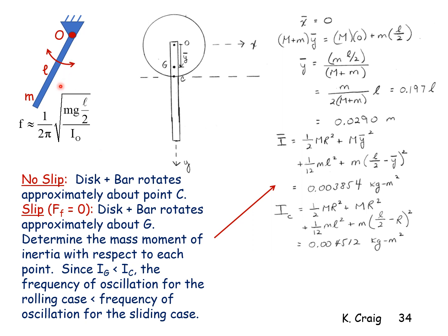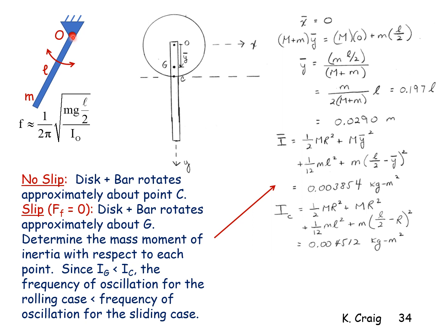If I asked you to do the analysis of a simple bar pinned to a frictionless pivot, oscillating back and forth about this pivot point, and to calculate the natural frequency in hertz, your analysis would show that the frequency is approximately equal to, for small oscillations, 1 over 2 pi times the square root of m g (L/2) divided by the mass moment of inertia of the bar with respect to the pivot, which from a table you would find is 1/3 m L squared.